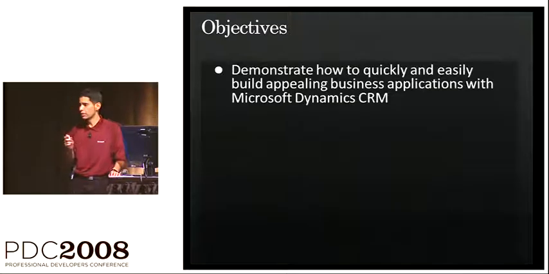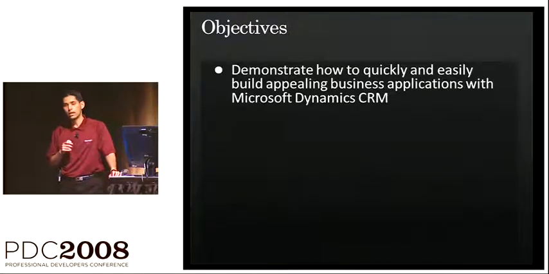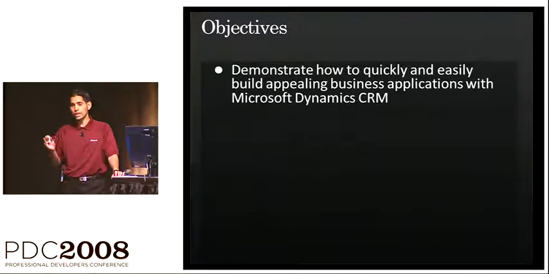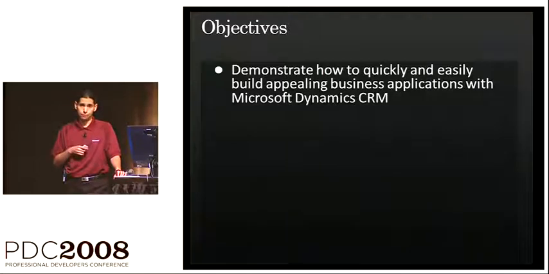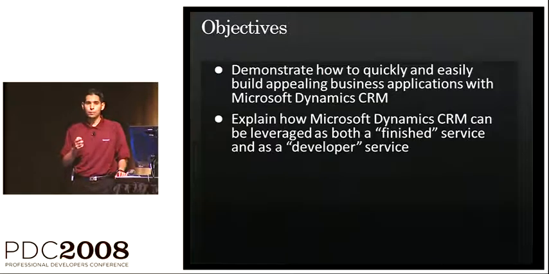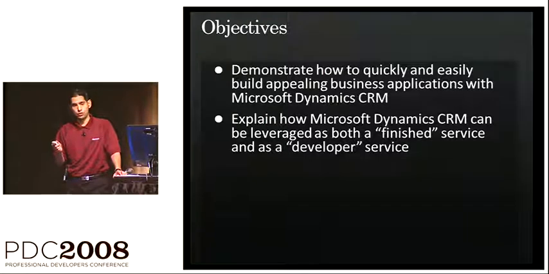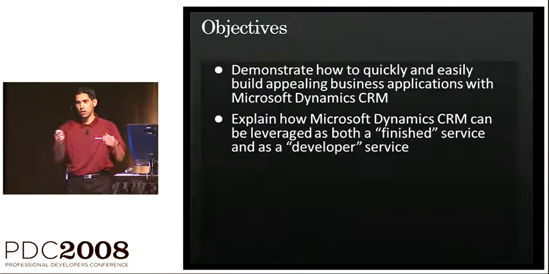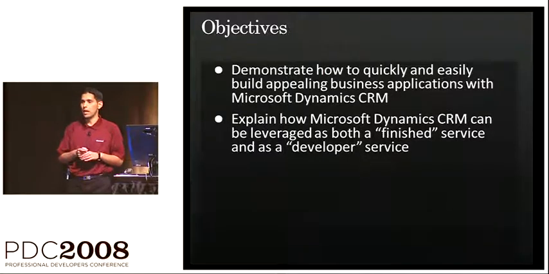So today we have 3 main objectives. The first one is to demonstrate how to quickly and easily build appealing business applications on top of Dynamic CRM. We're going to do a demonstration, and we're going to show you how you actually build and use CRM as a platform. Then we're going to explain how you can leverage Dynamic CRM as one of your developer services in conjunction with other Windows Azure services, and we're going to have a pretty cool demo about that.